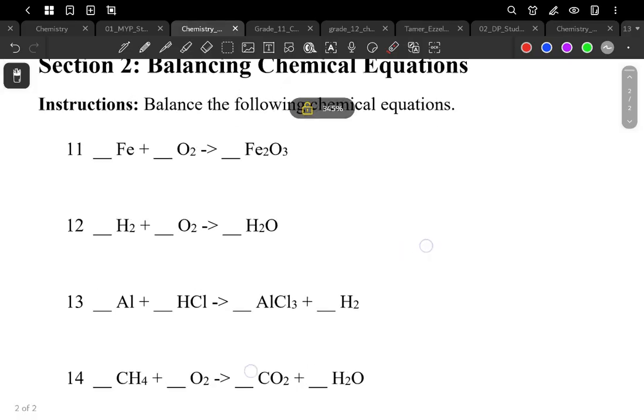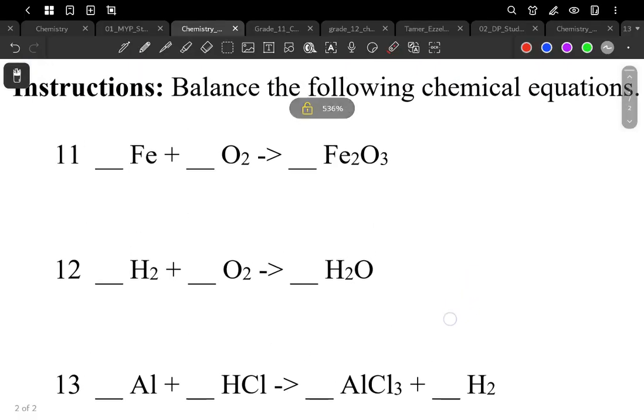Okay, the first question here. Iron on this side is 2, and on this side let's compare. I did it immediately. Iron is 1, iron is 2, so add a coefficient of 2 here. Next step, oxygen is 2, oxygen is 3. Now you have an even number and an odd number, so just raise both to the first common multiple, which is 6, right?